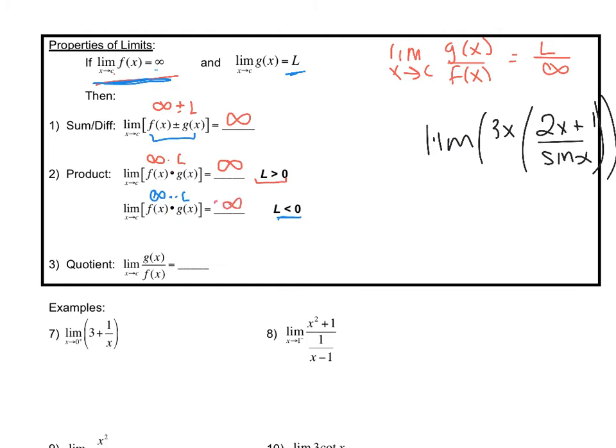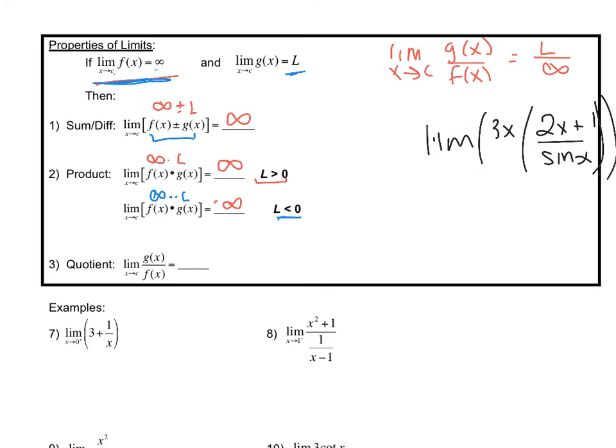So a lot of what we're going over right here is just logic in number sense, understanding how infinite values are affected by combining them with real numbers via plus or minus, multiplication, or division. Okay, and then this next one here is if I know the limit of g of x is some real number, the limit of f of x is infinity, that's what I did over here.